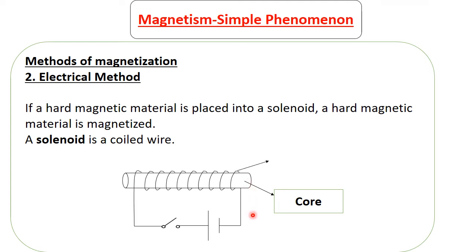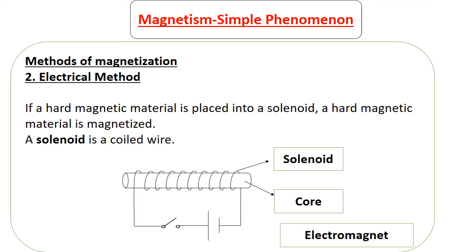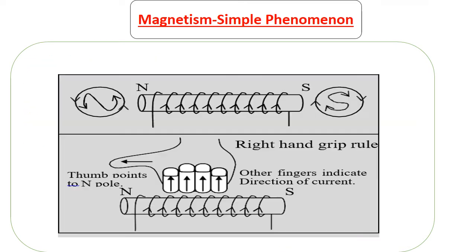Then this is the solenoid. When you power this circuit, as the current flows through the solenoid, the core is going to turn into a magnet. A magnet formed by this process is called an electromagnet.